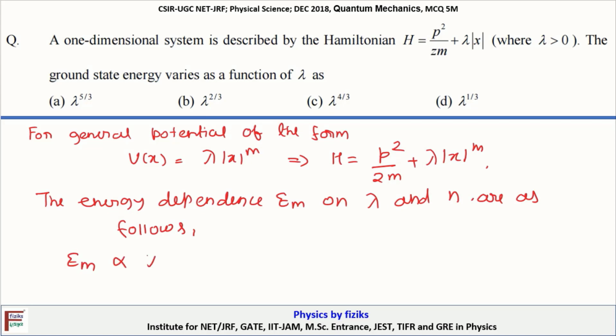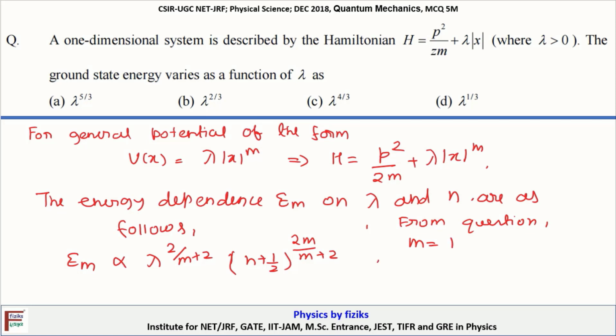E_m is proportional to lambda squared divided by (m plus 2), and n plus half is proportional to 2m over (m plus 2). Now from the question, m is equal to 1, so E_1 is proportional to lambda squared into (2 plus 1), and n plus half is proportional to 2 into 1 plus 2.